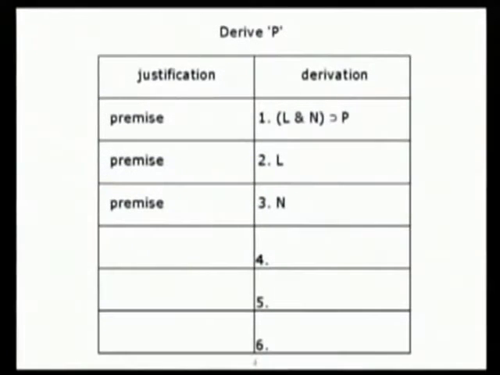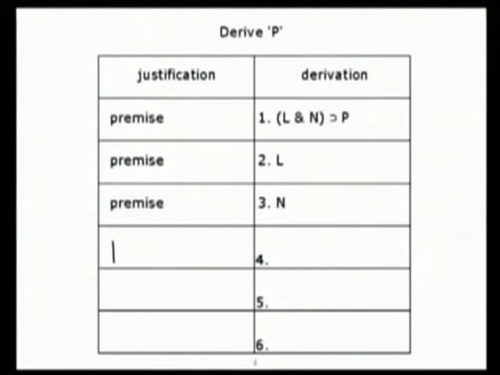Okay, Eric, what do I put on line 4? On 1 with horseshoe elimination, L and N. Is that what you do? That's what I did. Okay, 1. How can you do that? What's the antecedent of 1?